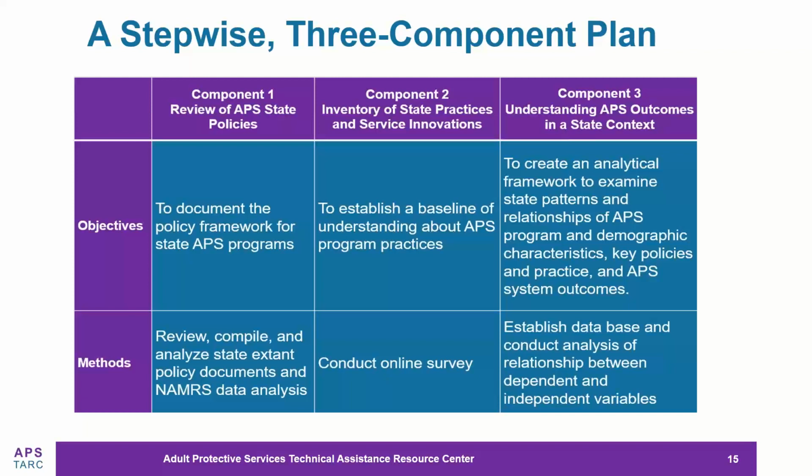Then for component 3, we created an analytic framework to examine the patterns and relationships of programs and policies with the system level outcomes. And we put a database together so that we could do statistical analyses looking at all these variables together. You can go to the next slide.